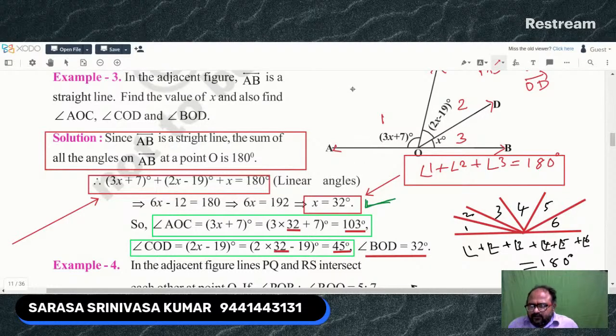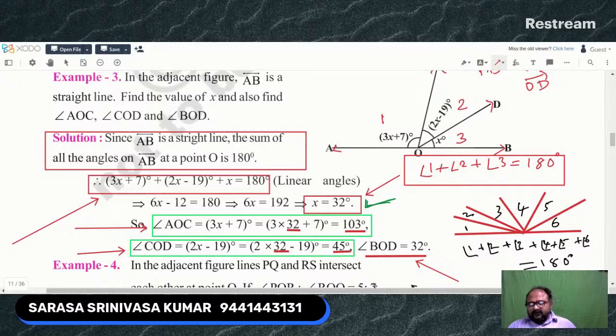Angle 1 plus angle 2 plus angle 3 equal to 180 degrees. So from that you can get x. After finding this x, we have calculated angle 1 equal to 103 degrees, angle 2 equal to 45 degrees, and angle 3 equal to 32 degrees.